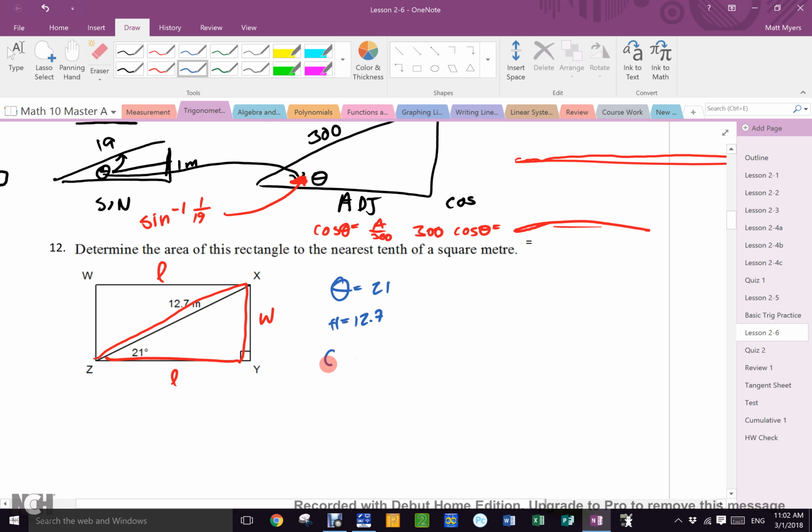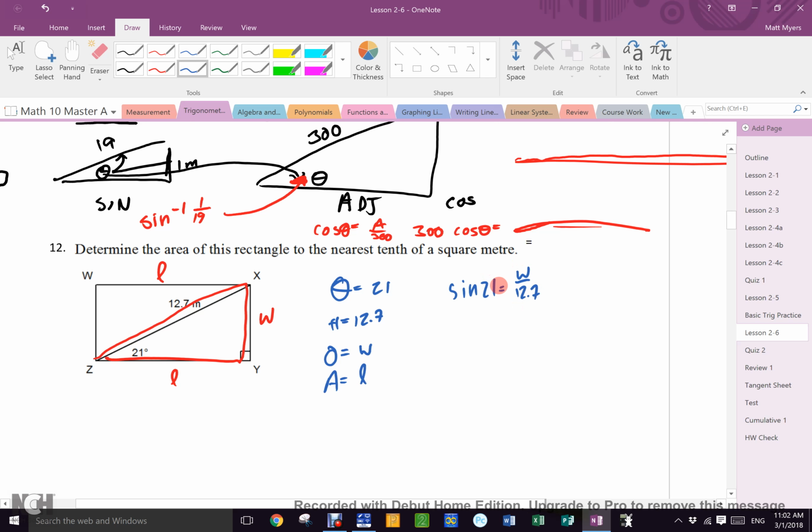What's your opposite? I said W for width, but you could make it X. W for width, and what's your adjacent? L for length. What uses O and H? Sine. Sine 21 equals W over 12.7.